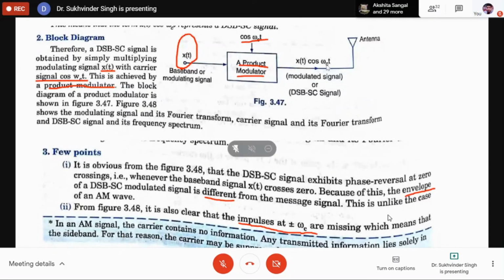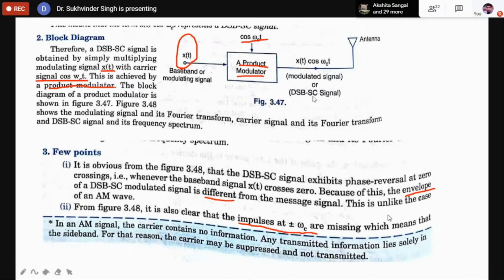This modulated signal is called double sideband suppressed carrier because this expression does not have any carrier wave equation, unlike amplitude modulation. Amplitude modulation has the carrier wave equation, but double sideband suppressed carrier does not, and hence the name.